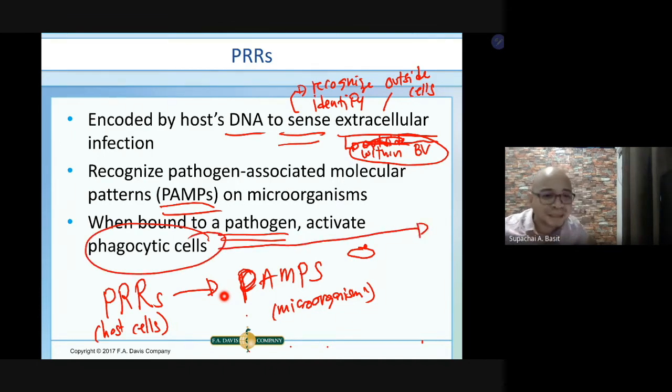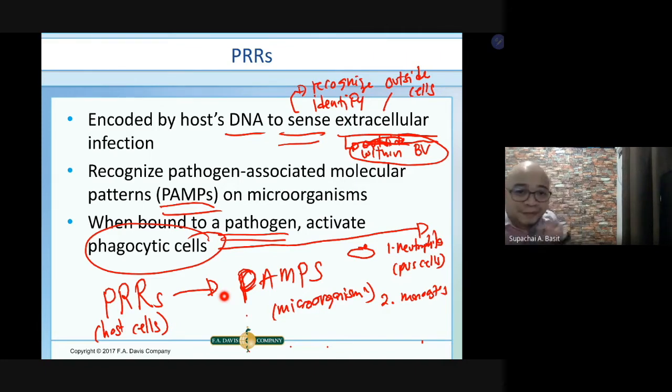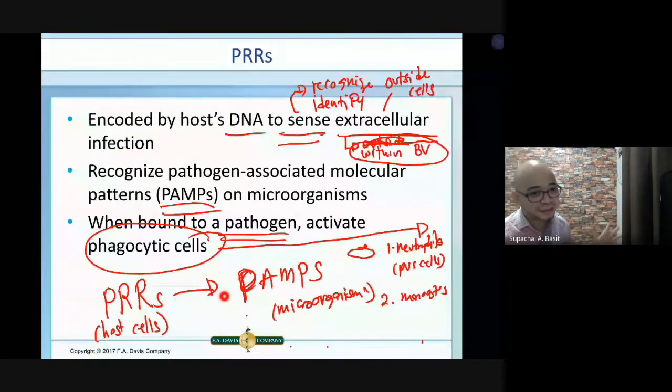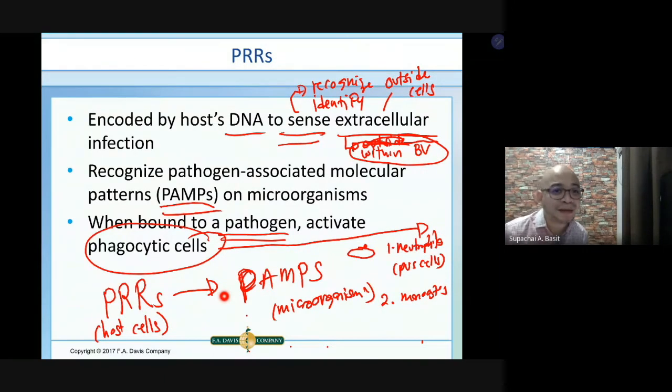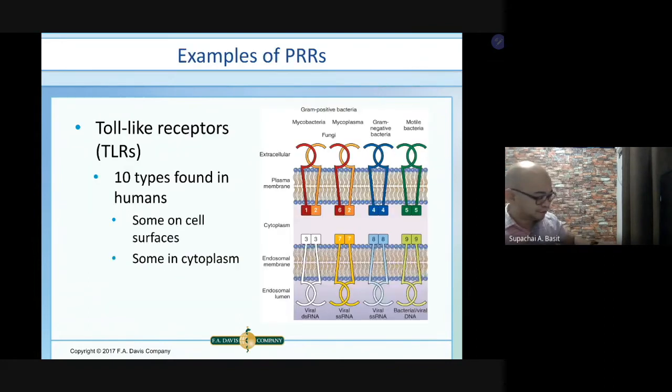The number one cells involved in phagocytosis are neutrophils, or the polymorphonuclear cells. Then monocytes could also be considered phagocytic cells. I hope this is clear: PRRs are encoded by the host DNA, while PAMPs are found in microorganisms.